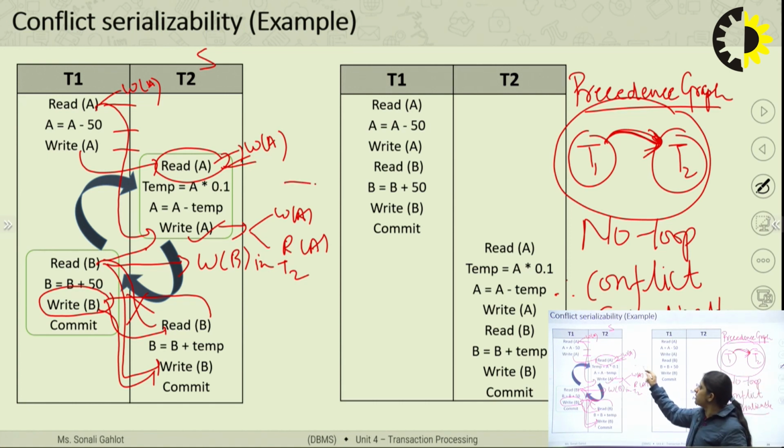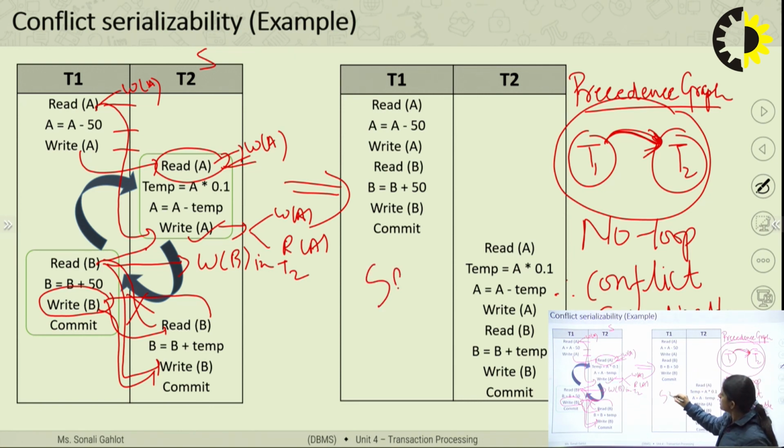We can convert this given schedule into this type of schedule, and this type is called a serial schedule. Serial schedule means we first perform only one transaction without any overlapping. Here we first perform the T1 transaction, and only after that can we perform the T2 transaction. This is called serial scheduling.